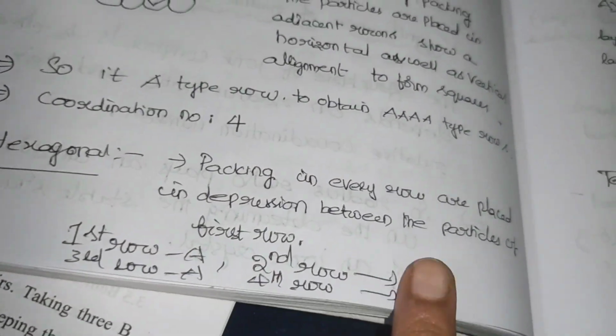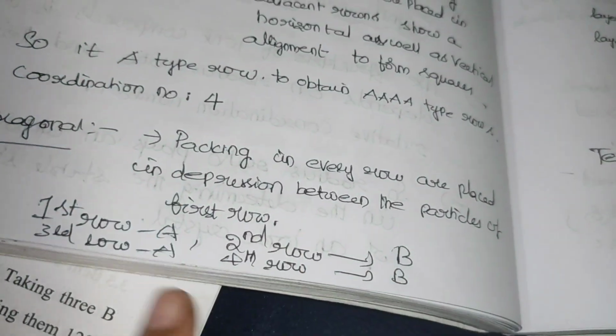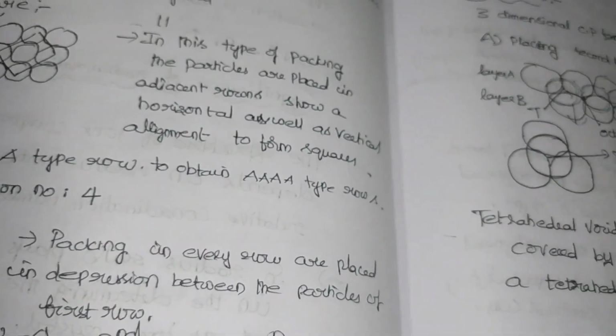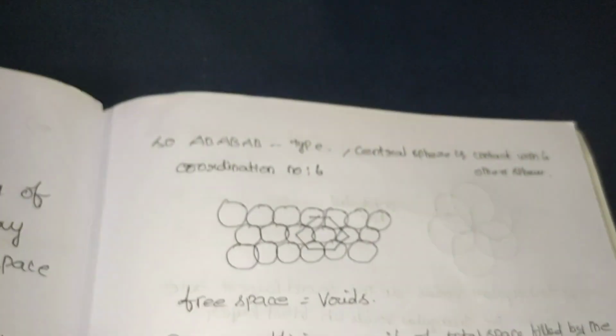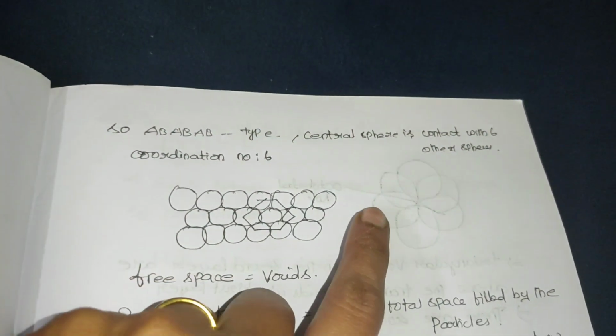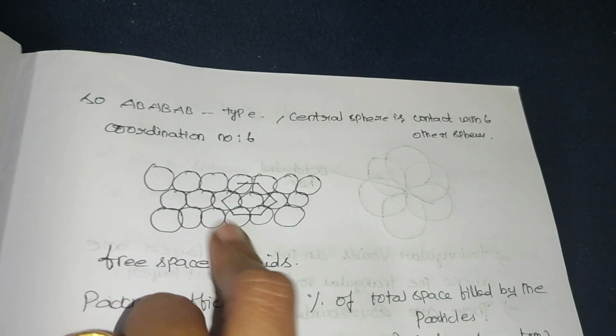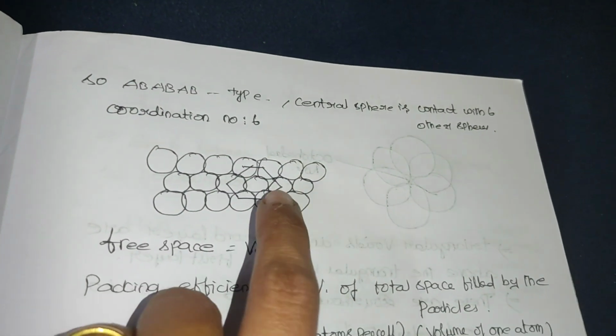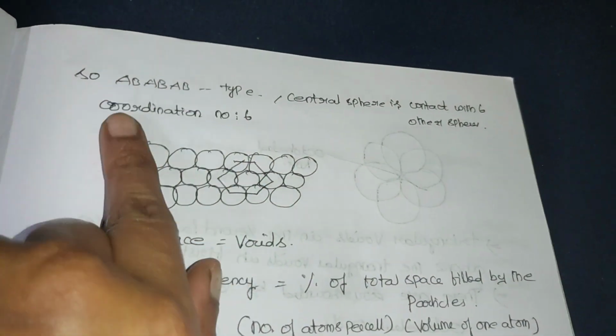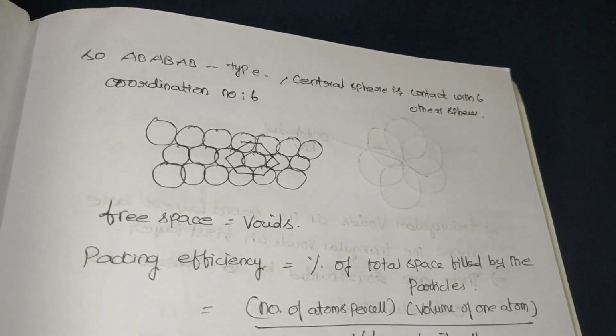The first row is A and the second row is B, again the third row is A, the fourth row is B. Like this it is an AB type, and the central sphere is in contact with 6 others: 1, 2, 3, 4, 5, 6. So the coordination number is 6 for this.